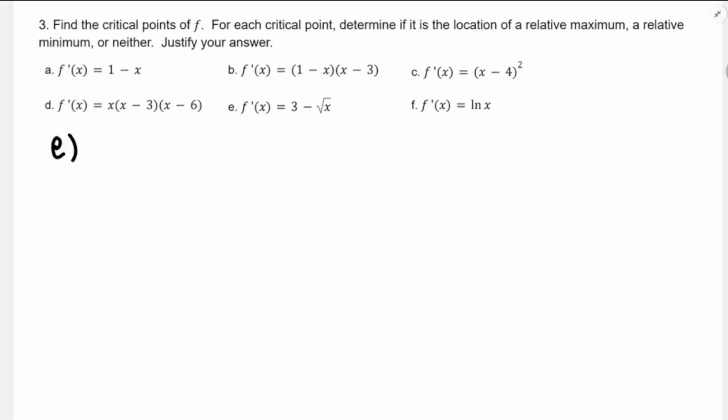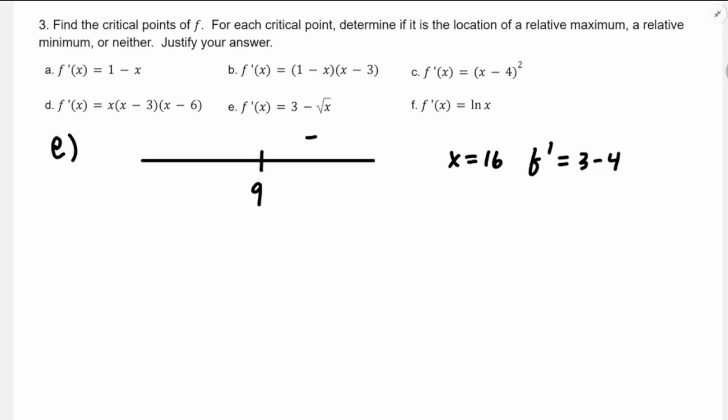Okay, the domain of this thing, x is going to need to be greater than or equal to 0, but we're not going to have to worry about any other place where we're taking the square root of a negative number because that's not part of this class. So we'll just say, okay, our key number on our sign chart is going to be x equals 9. If I take a number bigger than 9 that I might like to take the square root of, say x equals 16, f prime is going to equal 3 minus 4, that's a negative number.